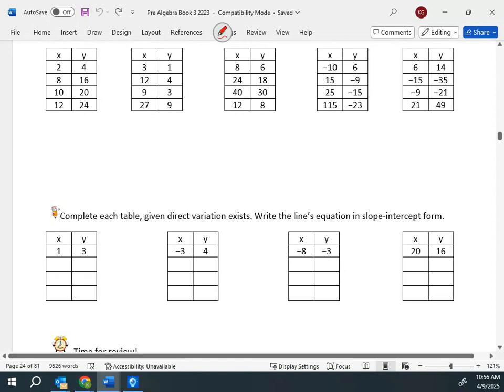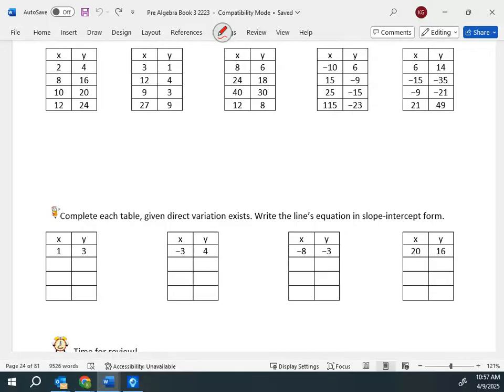Table. X is 2, 8, 10, and 12. Y is 4, 16, 20, and 24. What do you think we need to do? First thing says determine if there's a direct variation. So that means it's a proportional relationship from y to x. How do I do that, Fallon? Divide y by x.